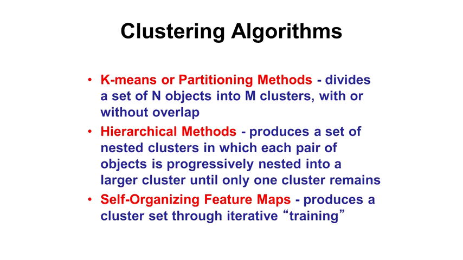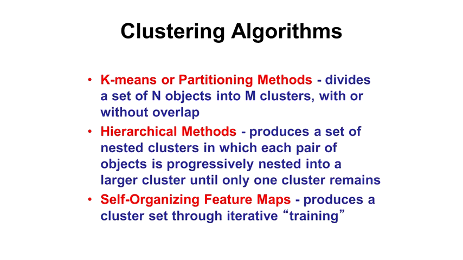So there are different types of clustering algorithms. One is called a K-means algorithm. Another is called the hierarchical clustering method. In K-means, what you're doing is just taking n objects and dividing them into a smaller number of clusters. So 100 objects, 10 clusters. In hierarchical methods, what we're trying to do is produce a set of nested or connected clusters. And we do this in a progressive way.